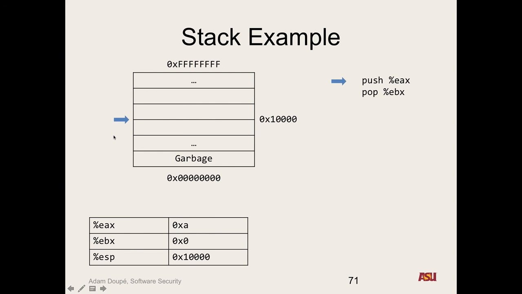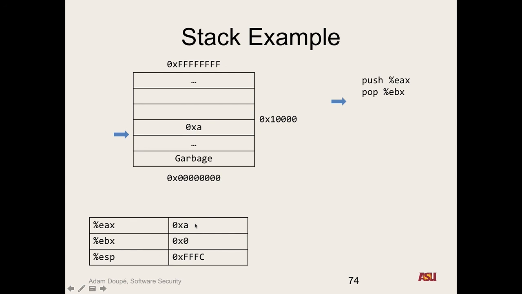If we do push EAX, to execute that instruction ESP is decremented by 4, so it becomes FFFC, moving down. Then EAX, which is decimal 10, so hex A, is copied into there.